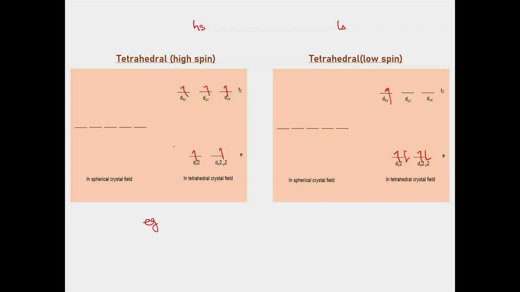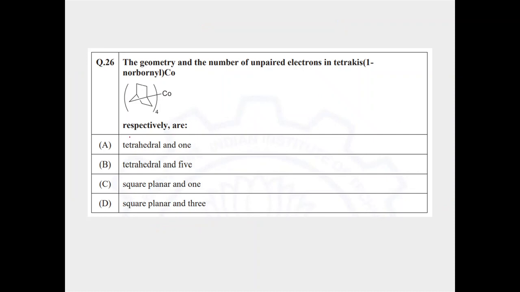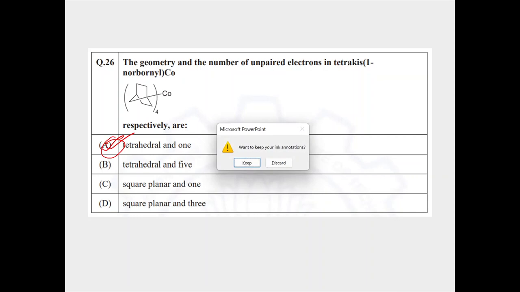One of the reasons for this may be that here cobalt is present in +4 oxidation state, and we know that metals in higher oxidation state prefer low spin complexes over high spin complexes. So in this case, we are getting a low spin tetrahedral complex. The geometry of the complex is tetrahedral and the number of unpaired electrons we can see here is 1. So the answer to this question will be tetrahedral and 1. Option A is the correct answer. Any questions?